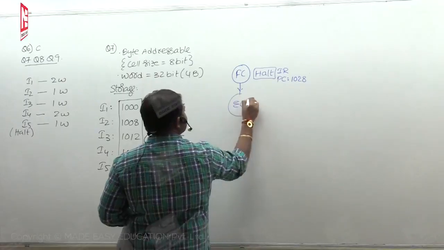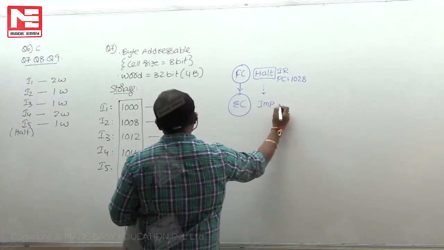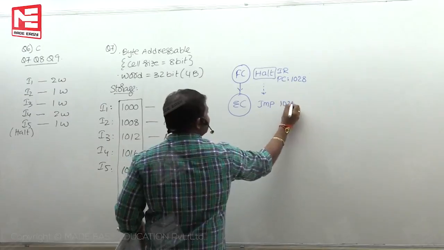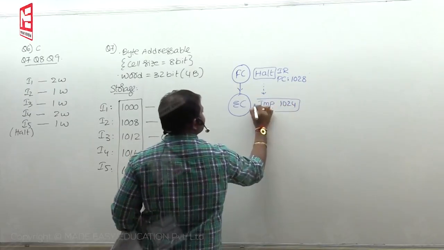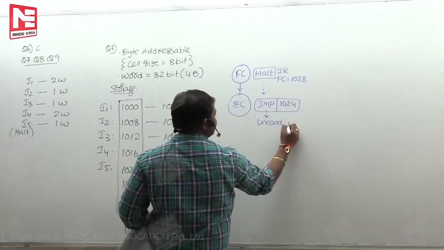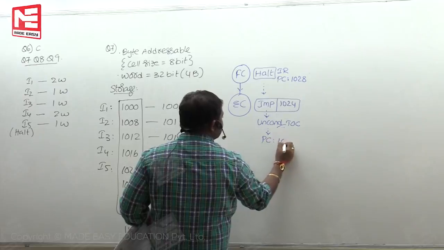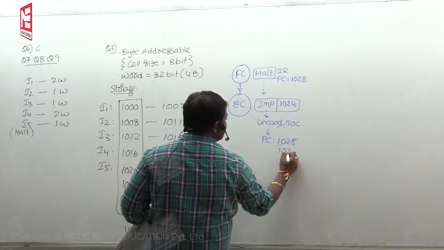Now execution cycle. At the time of execution, halt invokes an unconditional jump with the starting address of the halt as the target address. Because it is an unconditional jump, without checking any condition, the program counter sequential address is updated.